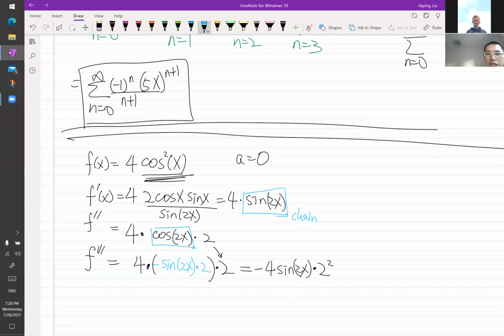And then again, the next step, you focus on the sine 2x, take the derivative and keep the 4 and then the 2 squared. So I'm going to let you finish this problem on your own. If you try to follow this pattern, you can see that basically the power of 2 always increases by 1 each step.